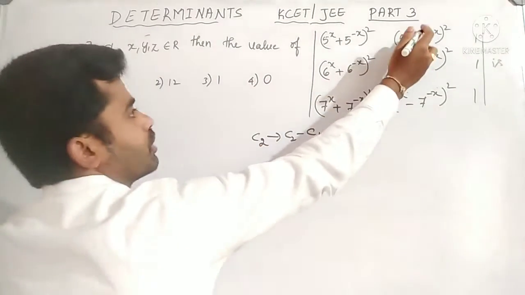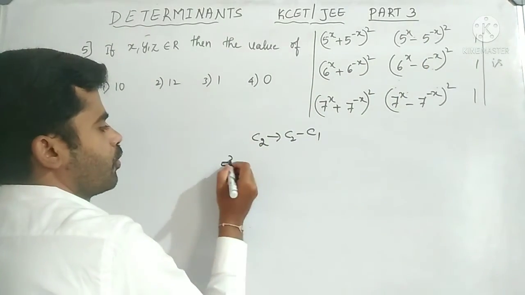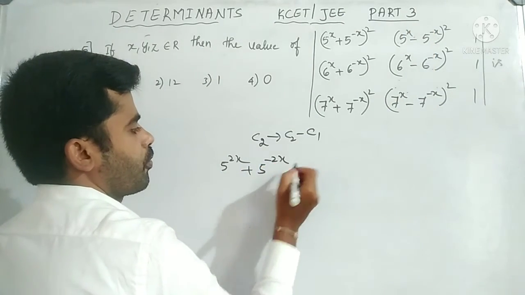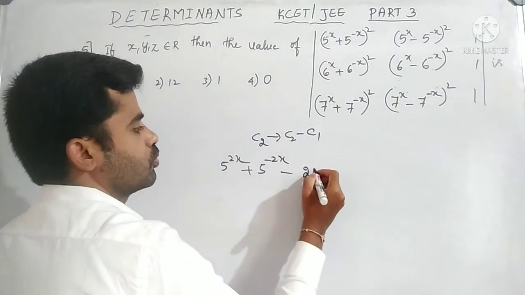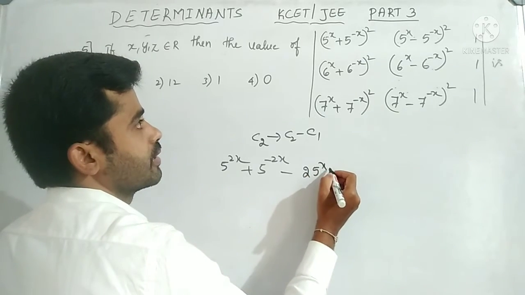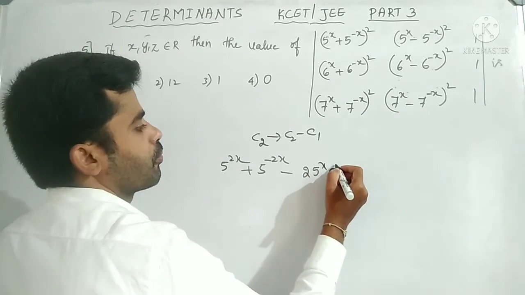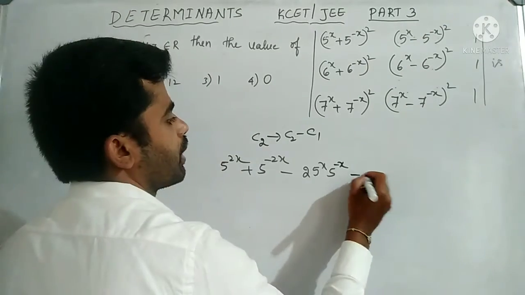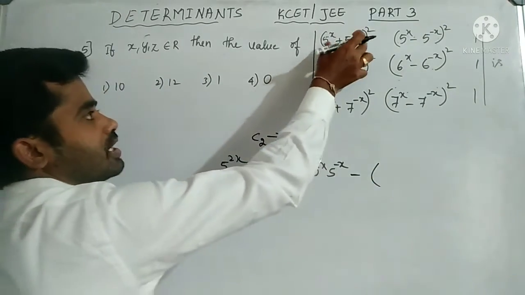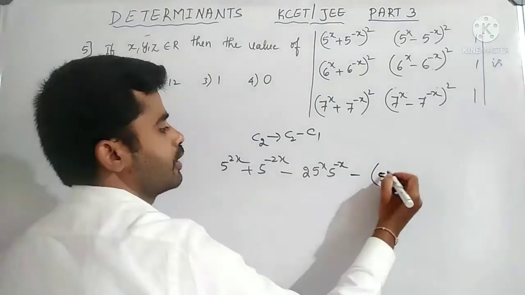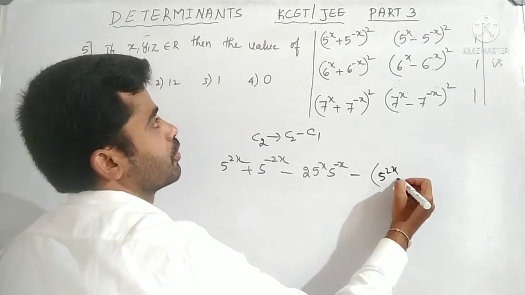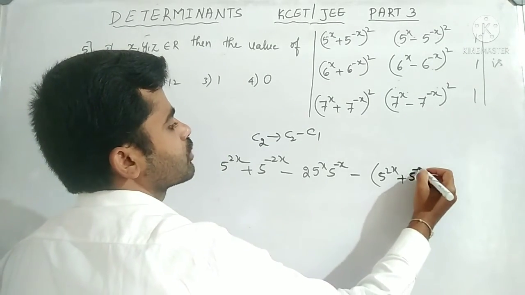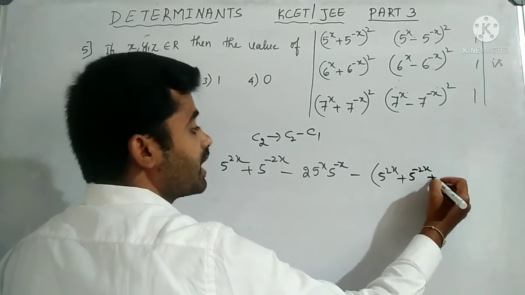Now A square plus B square minus 2 5x, then minus 5x. Now minus B square, sorry, this square of this A 5 2x, then plus B square 5 minus 2x plus 2.